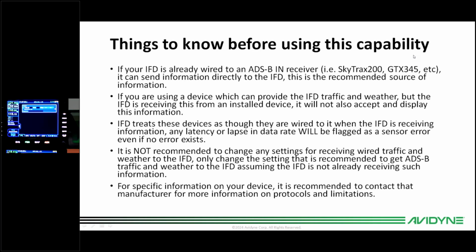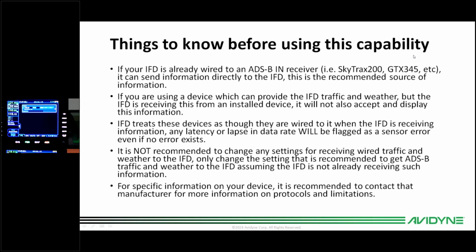So you will see traffic sensor faults and other sorts of errors like that, even if there isn't an actual problem with the receiver. It is not recommended to change any settings for receiving wired traffic and weather to the IFD. Only change the setting, which I'll show you guys here, that is recommended to get ADS-B traffic and weather into the IFD, assuming that you don't already have an ADS-B In receiver like the Skytrax 200 or GTX 345.